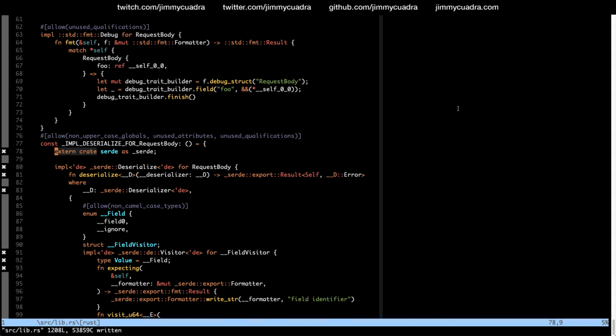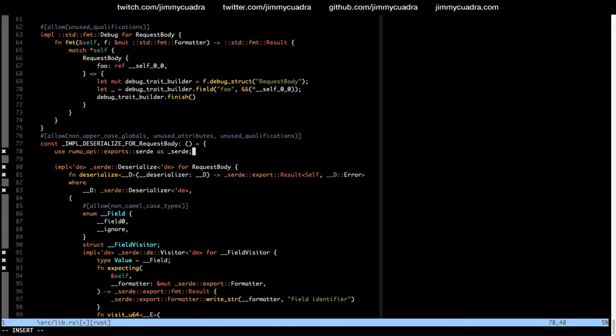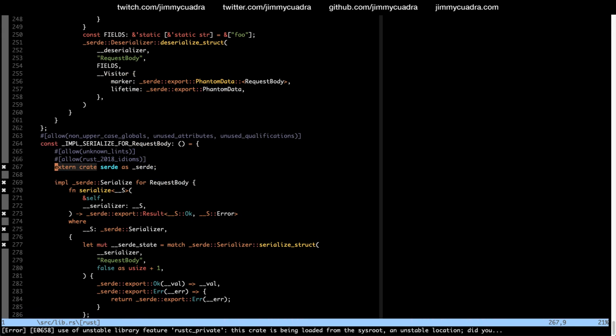What if I just try use Ruma API exports Serde as underscore Serde? Will that be enough to make it stop? Is there another extern crate here somewhere? Yeah, sure enough.